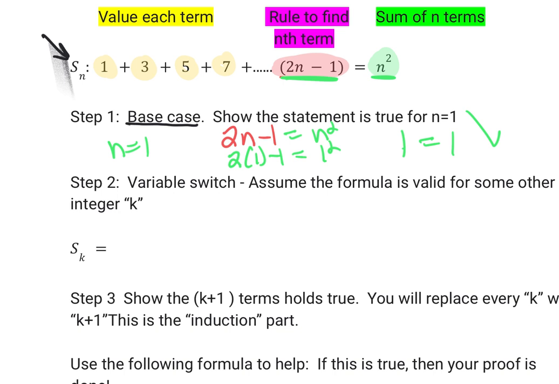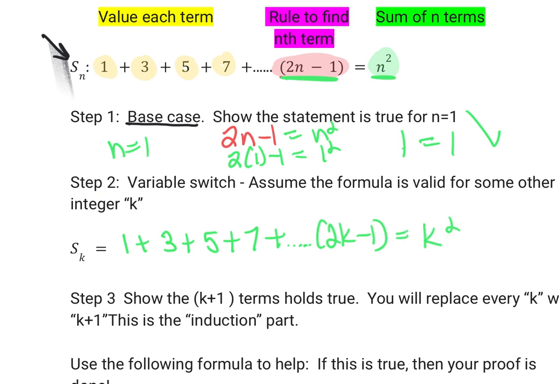So we're going to have 1 plus 3 plus 5 plus 7 plus dot, dot, dot, 2k minus 1 equals k squared.